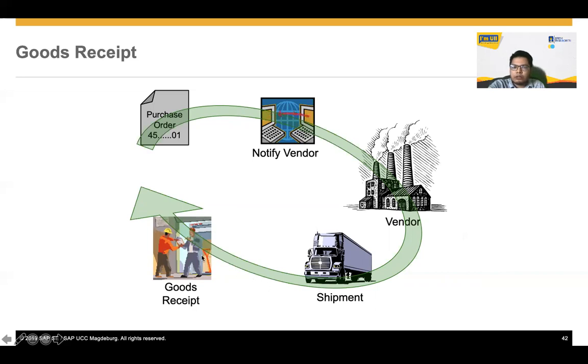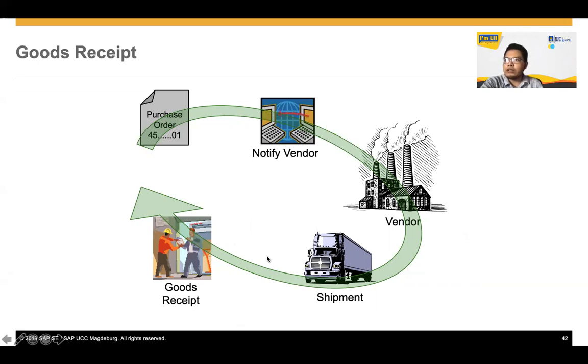And then after the shipment comes to our warehouse, and we already checked that the material that we want has arrived at our warehouse, then there will be a goods receipt. This goods receipt is basically a proof that the ownership of the goods itself is already transferred, meaning that it has arrived.